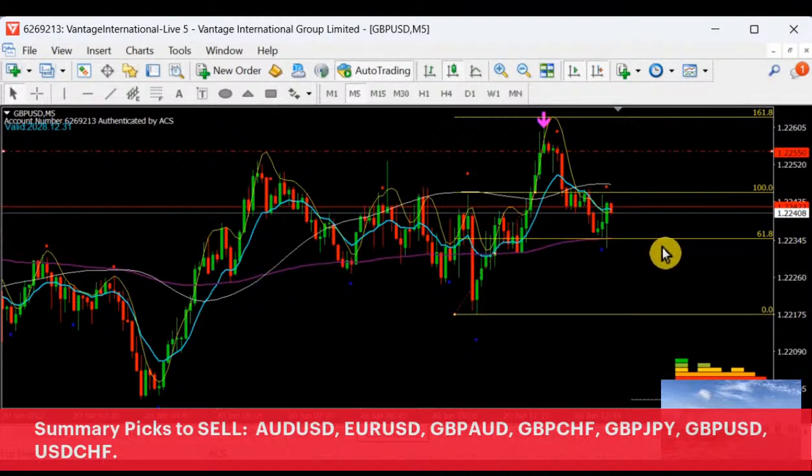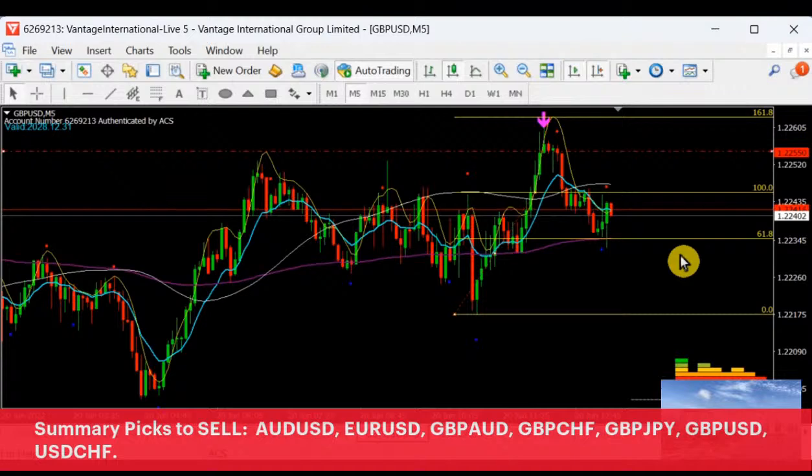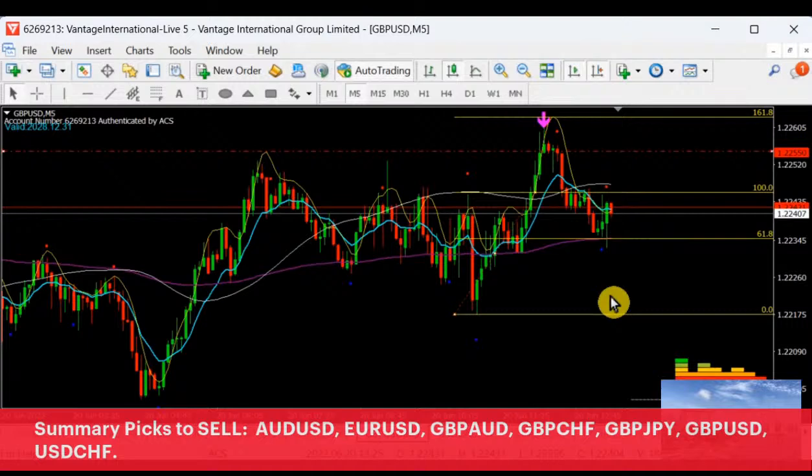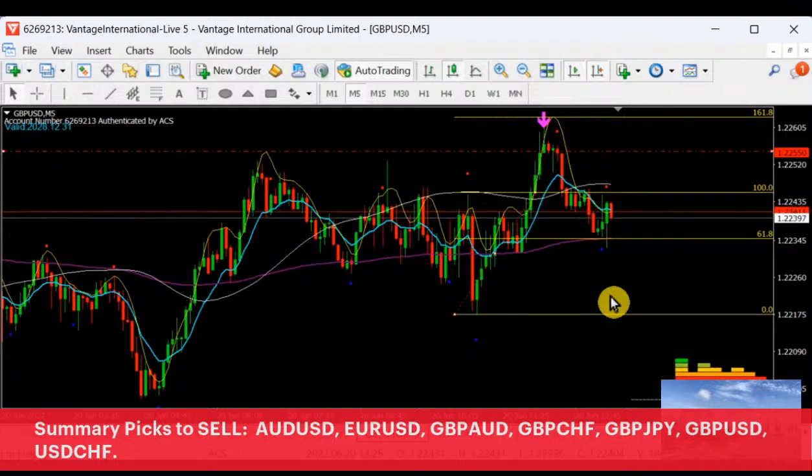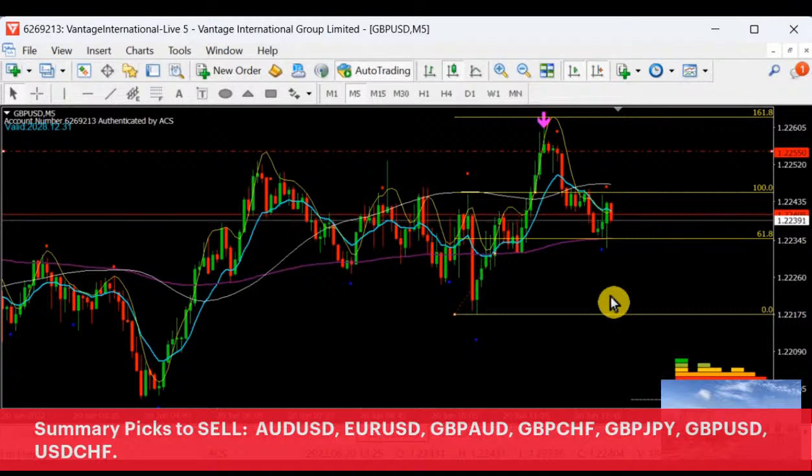There is a moving support over here, so it's still respecting that support, but of course it's still in the middle. It's really very tough, it is still struggling around this area to break that support and go further down.